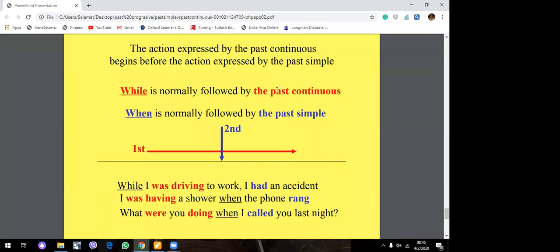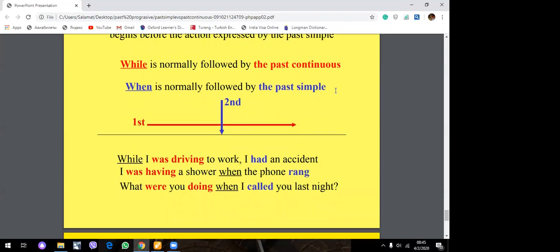After while we use present continuous. After while we use future continuous tense. Okay. If we use when, it has to be followed by past simple. After when, we cannot use past continuous. Be careful.